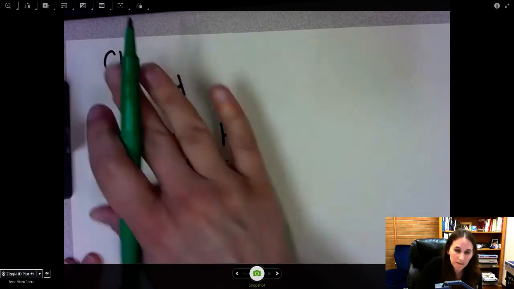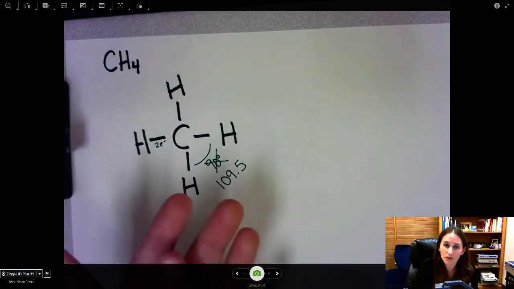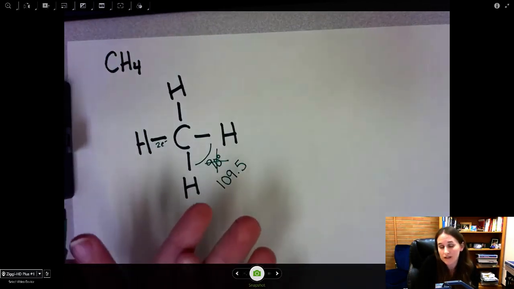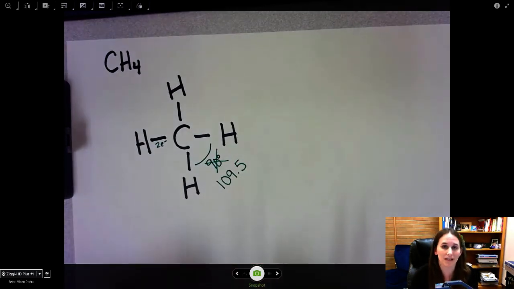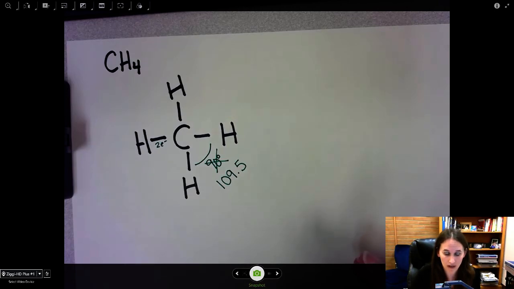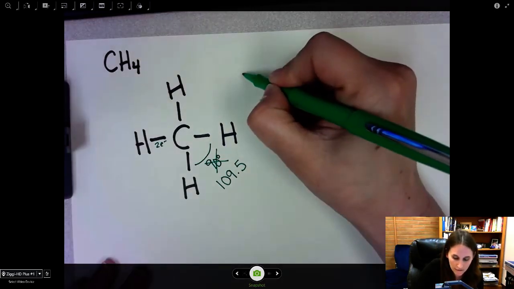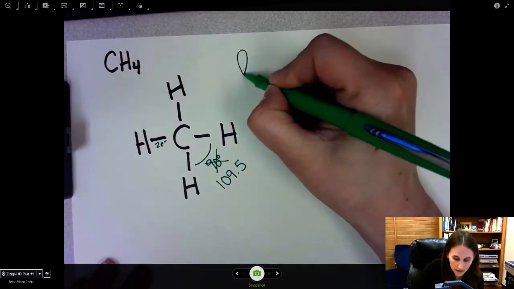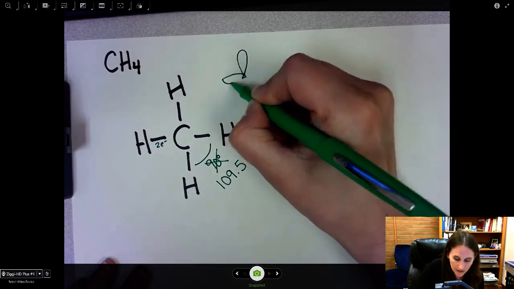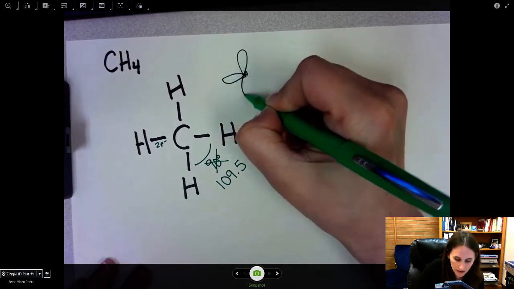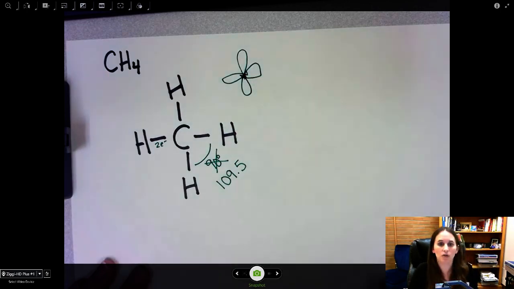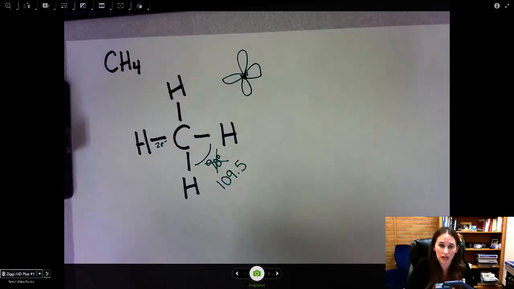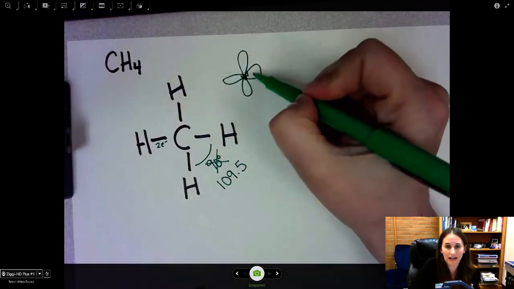Now, on a paper where we're looking in 2D, it looks like the farthest apart they'd be able to be would be that 90. But we have to remember that molecules exist in the 3-dimensional world. So if you actually took 4 balloons and you tied them together right here, they would eventually jostle each other into a more 3-dimensional shape, trying to be as far apart from each other as possible.